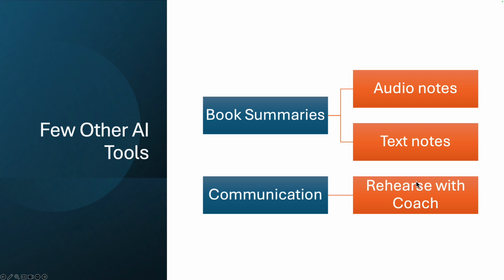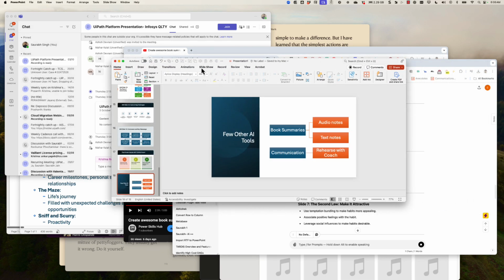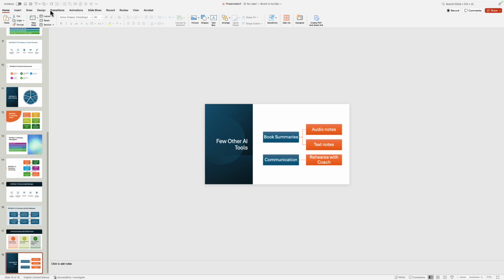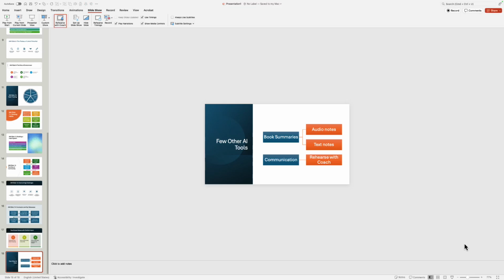The last feature I want to talk about is called Rehearse with Coach. I'll quickly show you how it works. It's a very important and good tool when it comes to how you can practice your communication. All you need to do is go into the slideshow mode on the top, and there is an option for Rehearse with Coach. Coach is not currently available. Okay, let us try restarting the coach. Rehearse with Coach again.